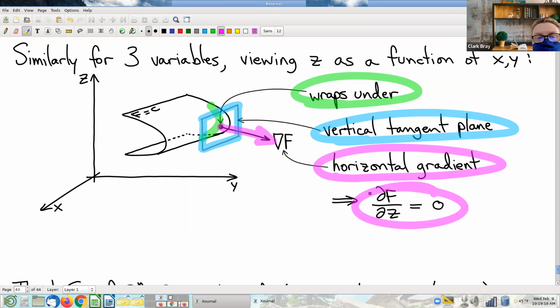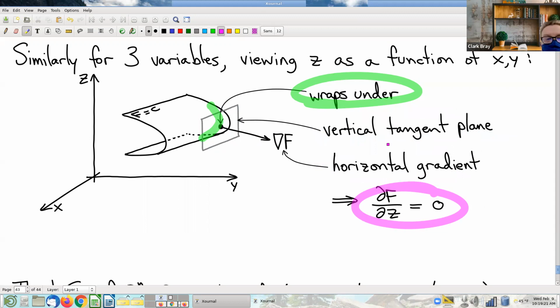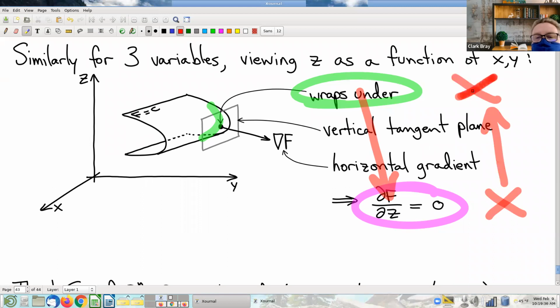So you see that if you take out all the in between, problem means the partial with respect to that variable is 0. And so the contrapositive: if that doesn't happen, then we can conclude that there is no problem.